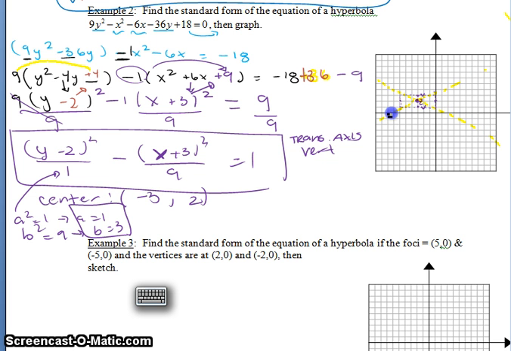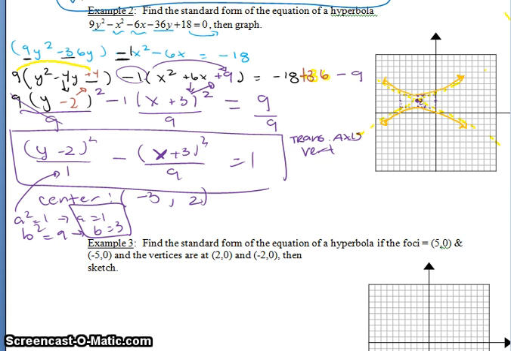So you draw in those. And then now you're ready to draw in your branches of your hyperbola. Remember, your branches will approach your asymptotes and touch the vertex. So from your vertex, you draw in your branches that approach your asymptotes, and they should be U-shaped.